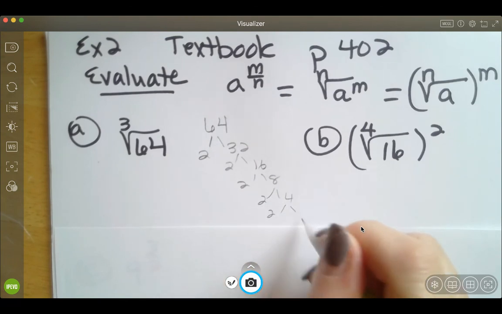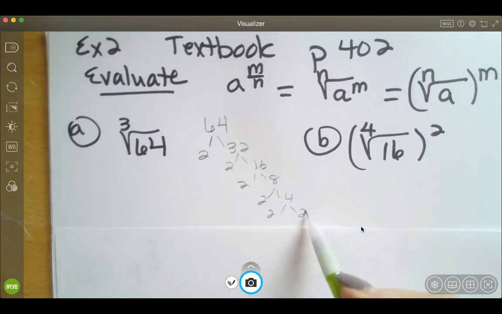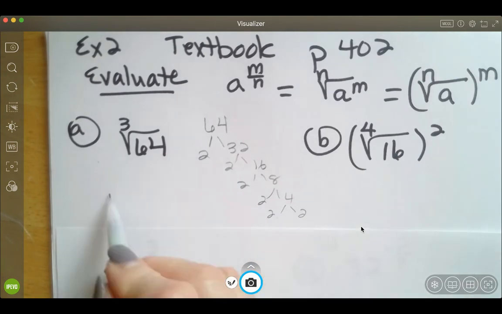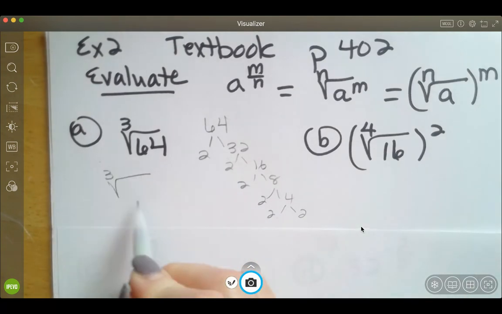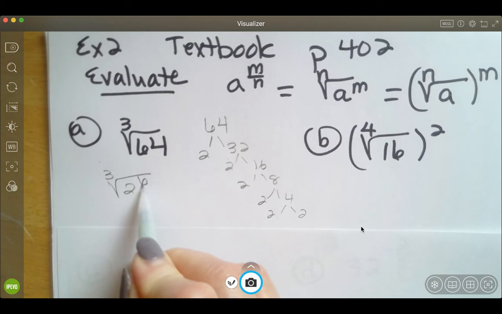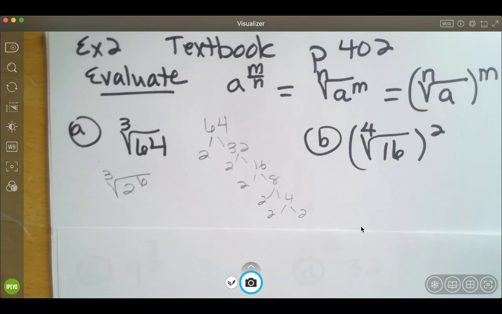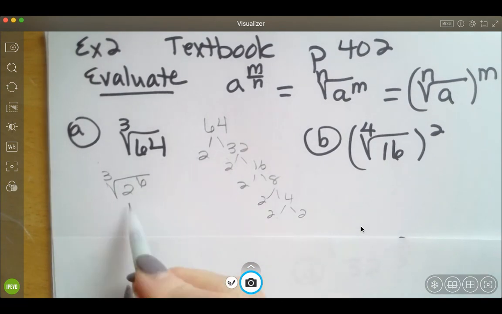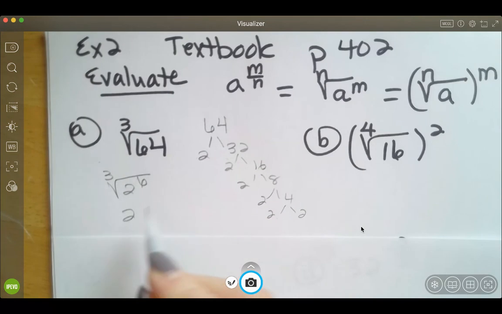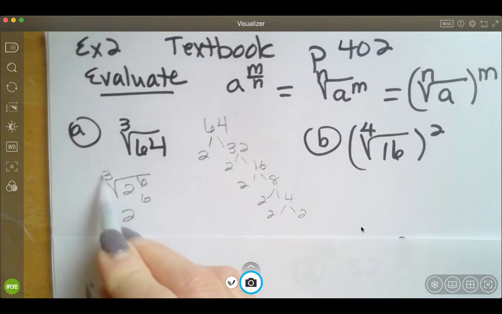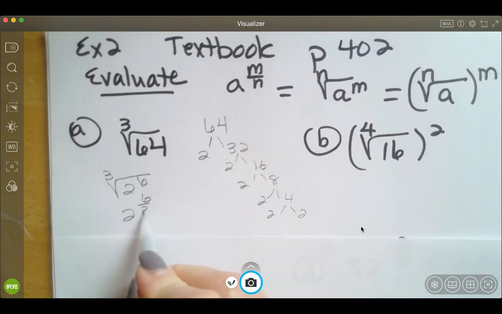All right, so it's 1, 2, 3, 4, 5, 6. 6 twos. So I have the cube root of 2 to the 6th. Now let's use the pattern. I have 2. This is the numerator. This is the denominator. 6 over 3 is 2.